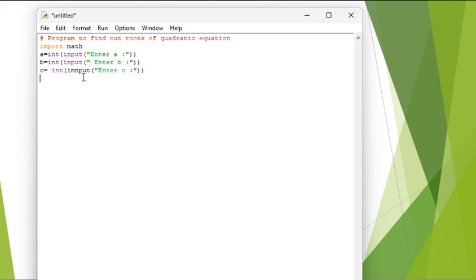So we have read all the three values. The value of all the three variables are read here.